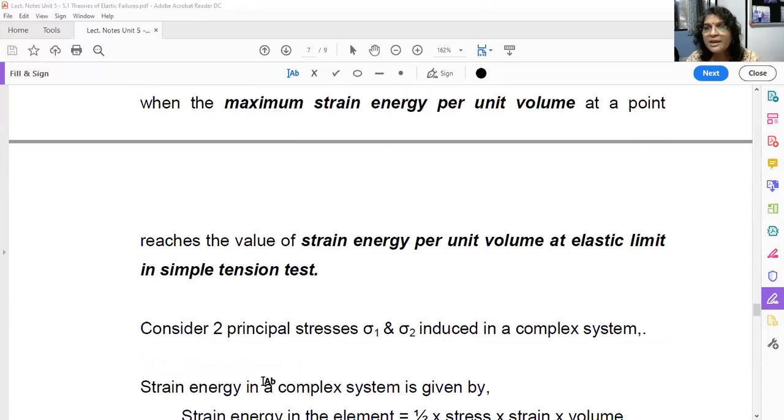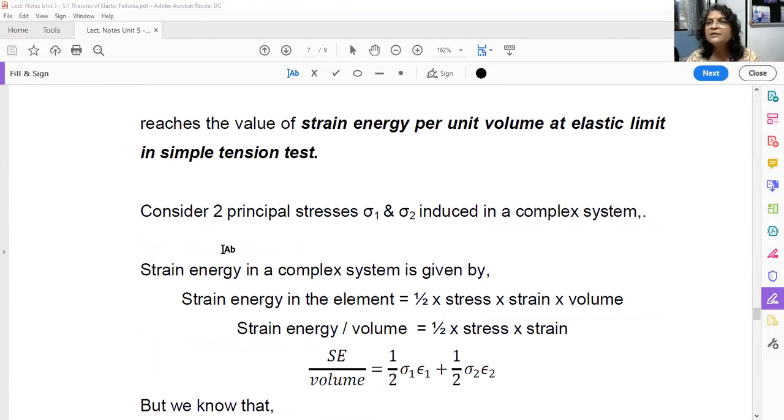So again, here you are going to compare the two strain energies: strain energy in a simple tension test and strain energy in a complex stress system. Let us see how to find out the strain energy in a simple tension test and in a complex system. Consider two principal stresses, sigma 1 and sigma 2, induced in a complex system.